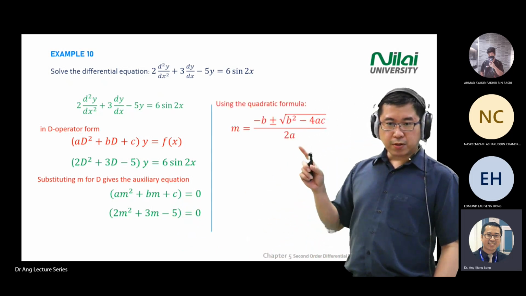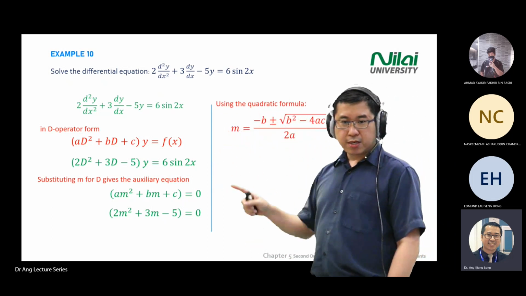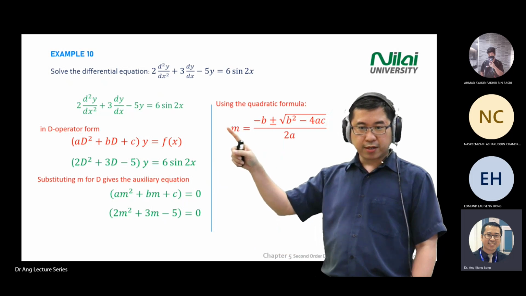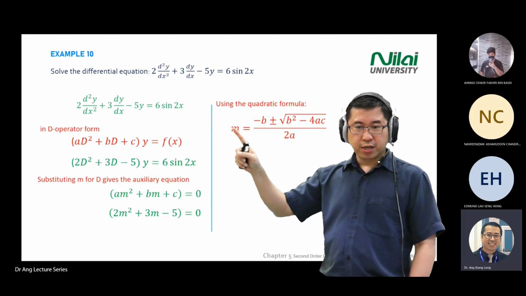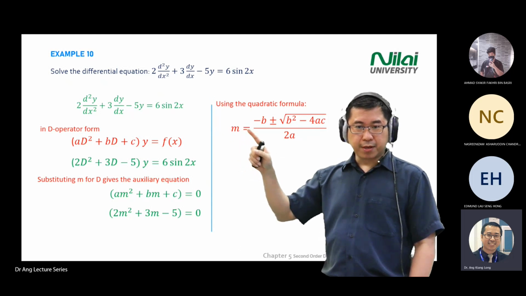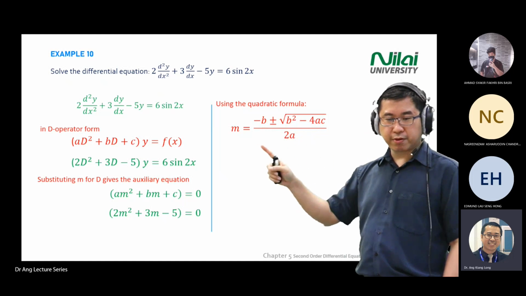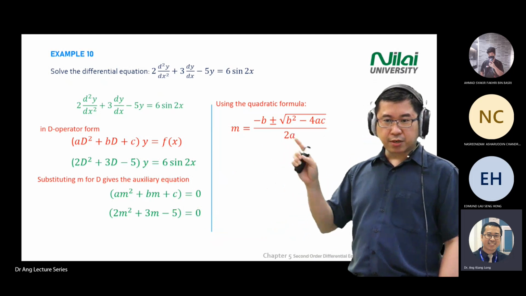Okay, so Shakil will like to use this equation. So you substitute your m. You can put x over here if you want, but we recommend you not to confuse with the question. You just use m. m equal to minus b plus minus square root of b squared minus 4ac divided by 2a. Substitute your a, b, and c inside this equation.